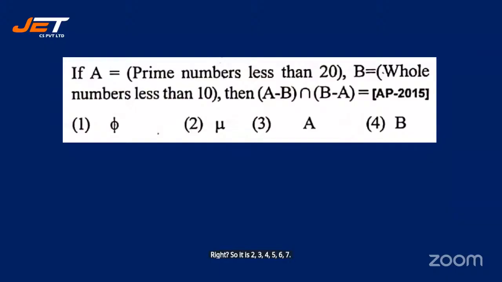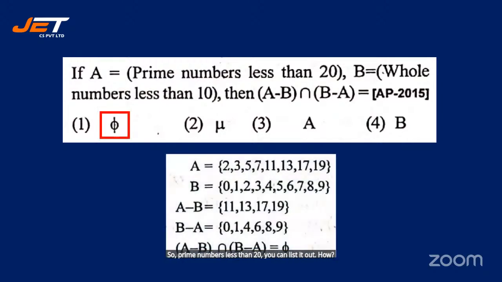Right. Now if A is equal to prime numbers less than 20, B is equal to whole numbers less than 10, then (A minus B) intersection (B minus A) is dash. So prime numbers less than 20, you can list them out: 2, 3, 5, 7, 11, 13, 17, 19. B is whole numbers, and whole numbers means 0 is included: 0, 1, 2, 3, 4, 5, 6, 7, 8, 9.